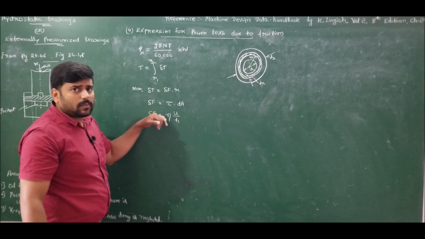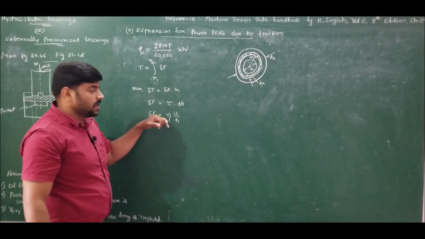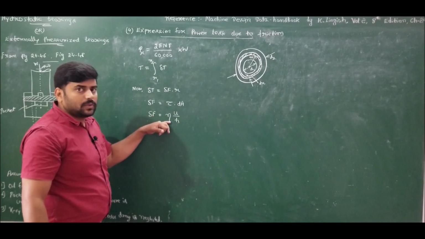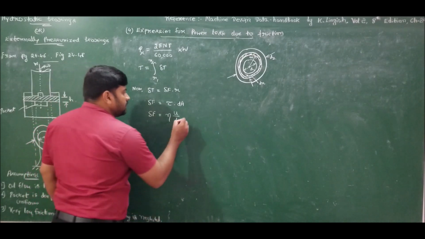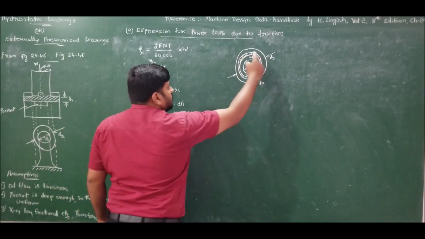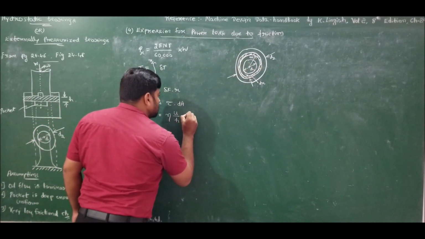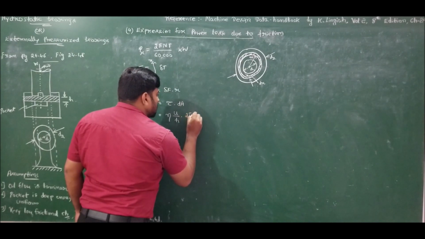Shear stress is directly proportional to rate of shear strain, the proportionality constant being absolute or dynamic viscosity. So this is Newton's law of viscosity, times the area. What is the area of this element? The area of this element is 2 pi r dr.